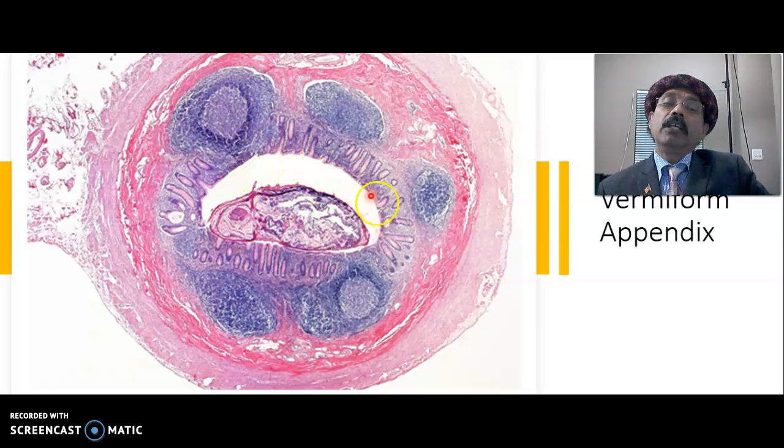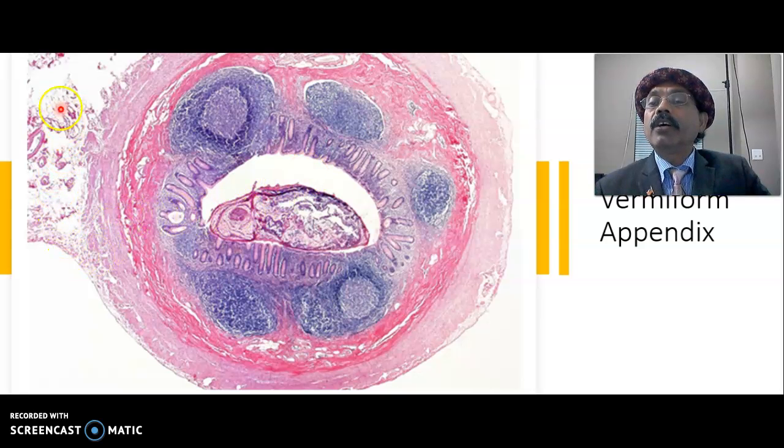But in the lumen, we may have a fecolith, we may have a helminth like Enterobius vermicularis, that may be present. And the lymphoid tissue may be very large in childhood, then eventually it narrows down. So it becomes smaller as age advances.